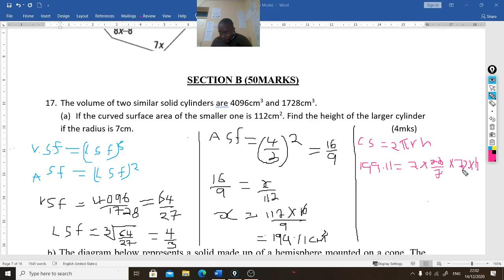Remember, 7 will cancel with this 7, so we remain with 22 times 2, which is 44. So h is equal to 199.11 divided by 44.